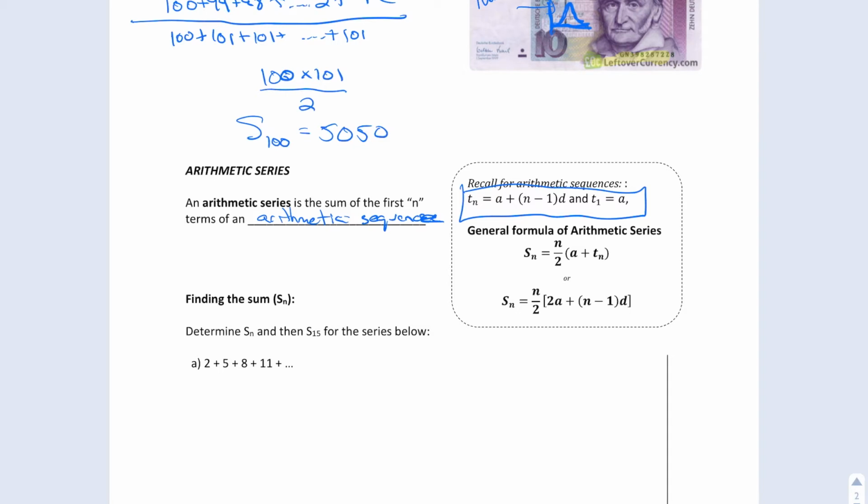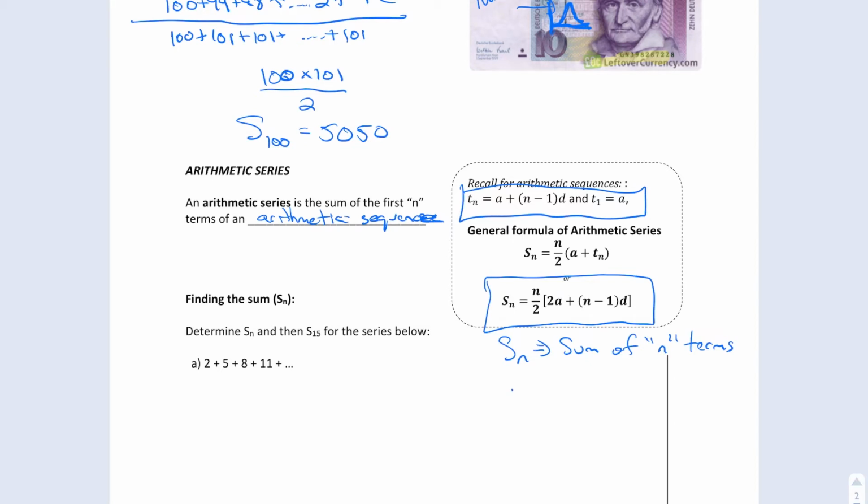Just to refresh your minds, in an arithmetic sequence, this was our formula, where a is the first term, n is the number of terms, and d is the common difference. What we can do is take that and use Gauss's method and come up with the formula we're generally going to use.